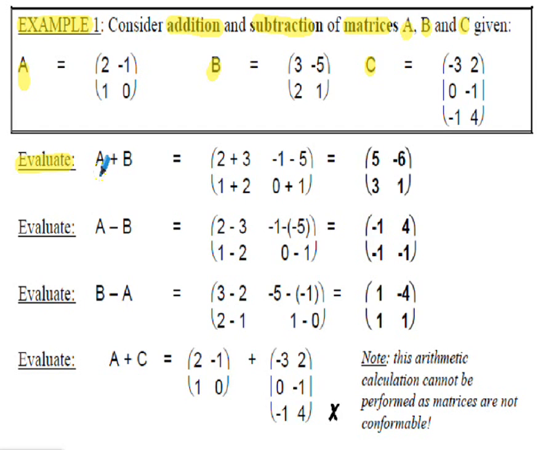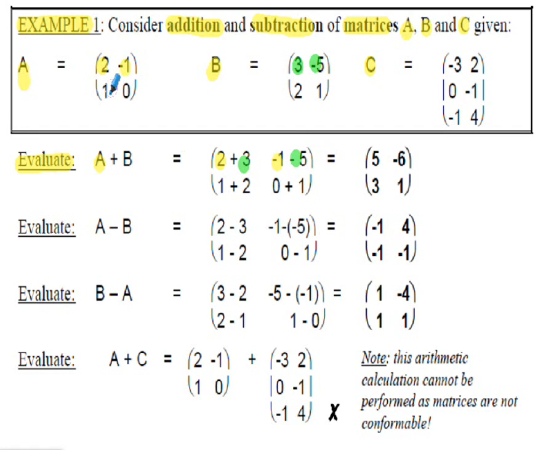For example, in matrix A, we have 2, first row, first column, and that's added to, in matrix B, 3 in the first row, first column. For matrix A, in the first row, second column, we've got negative 1, and we add to that for matrix B, first row, second column, negative 5.